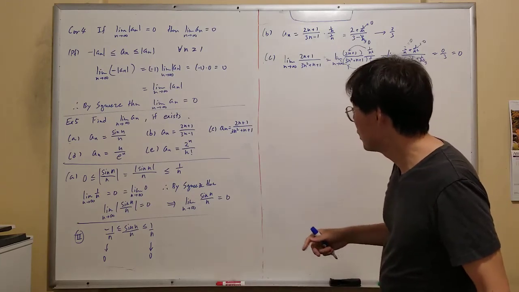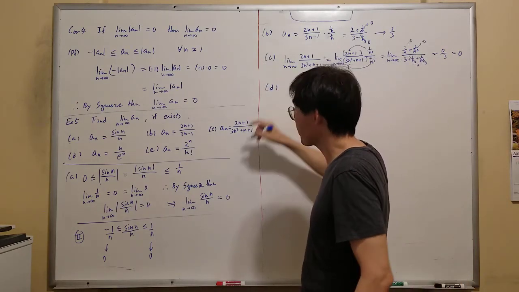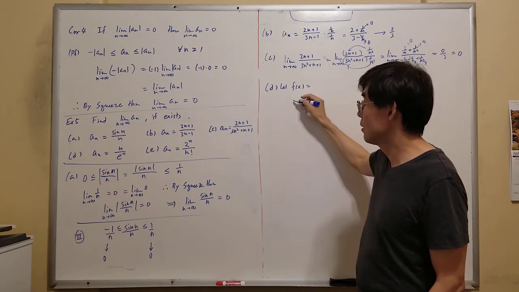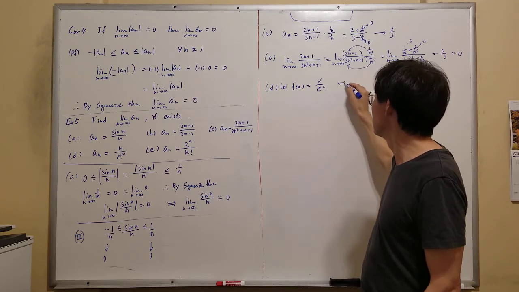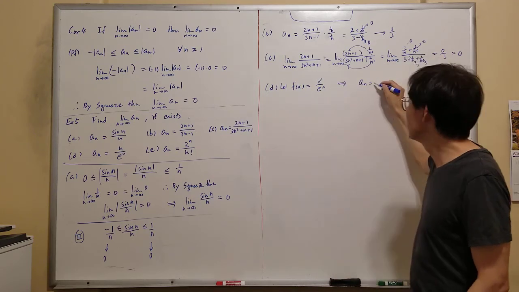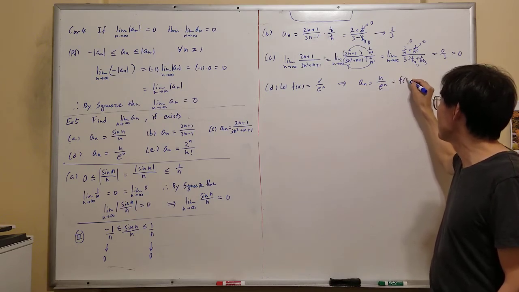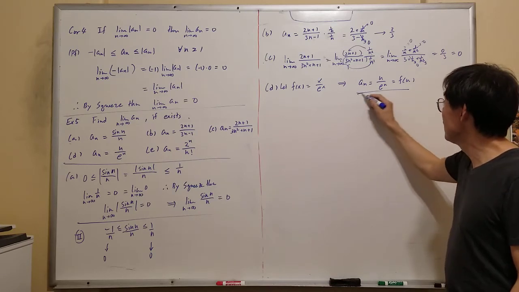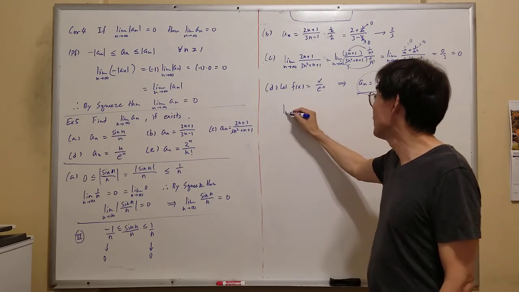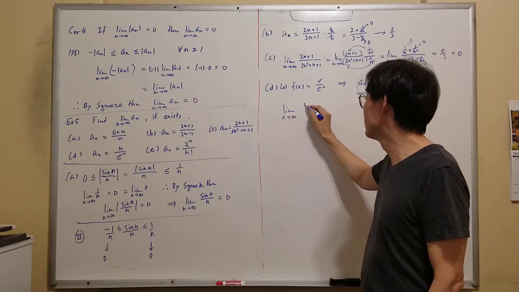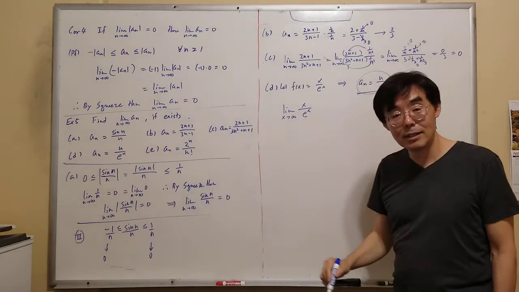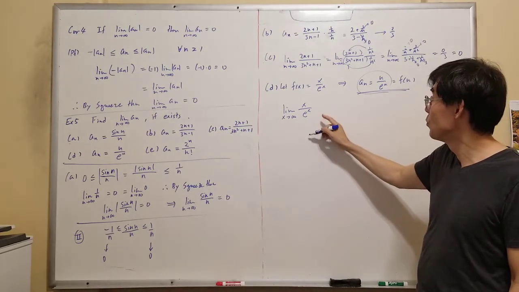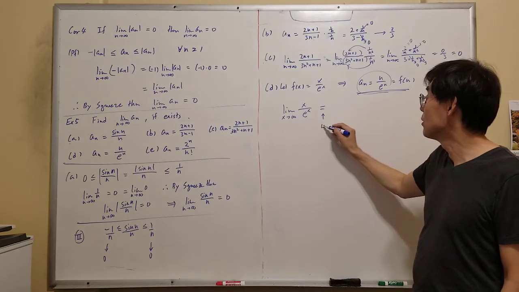Okay, the next one, D. Now, if I define f of x to be x over e to the x, then our a_n is nothing but f of n. So instead of finding the limit of this sequence, I'm going to find the limit of this mother function. Because when dealing with a function in infinity over infinity form, we can use L'Hopital's theorem.